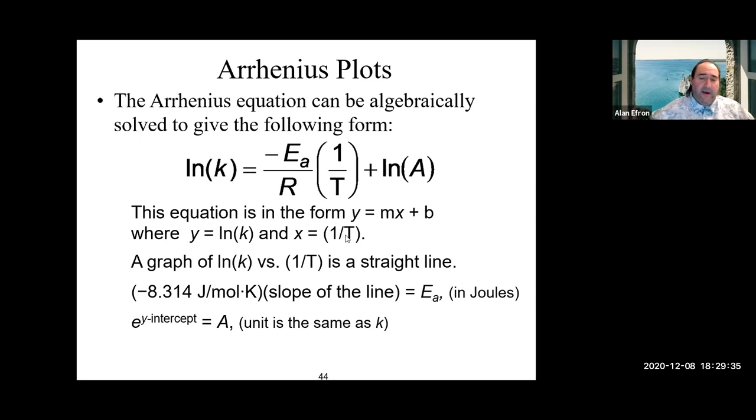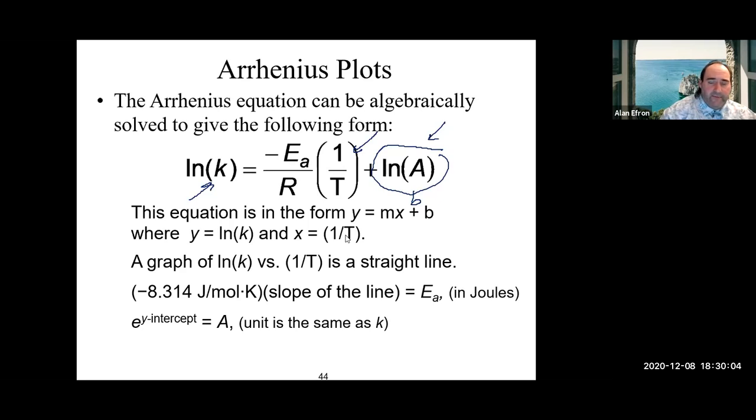To do this graph, you would take all those k values and turn them into the natural log. You would take all the temperatures, make sure they're in Kelvin, and take 1 over the temperature. And those would be your points that you would graph on a graph like this. And usually you would use this graphically and find the slope. And you could also use the y-intercept, which is what this is, b, to figure out the frequency factor as well.